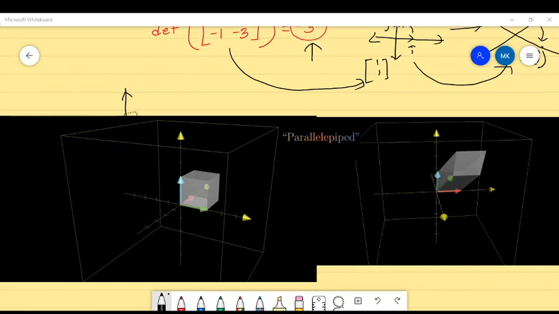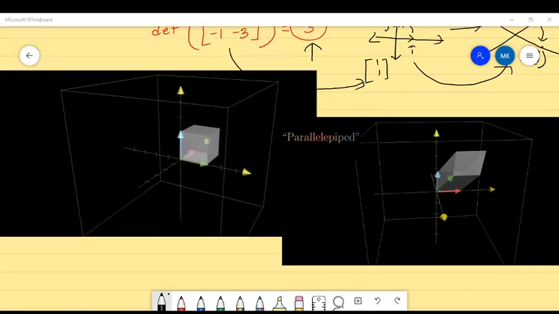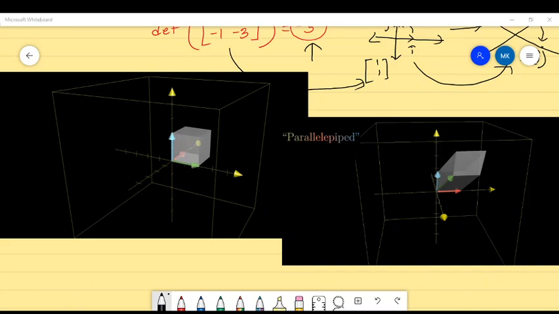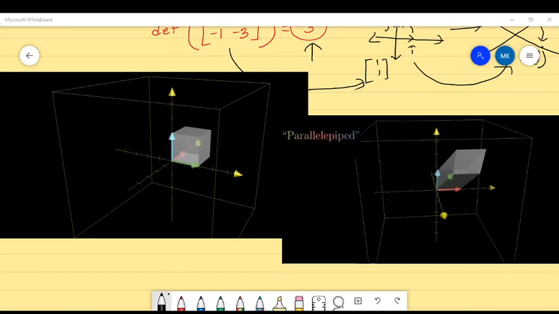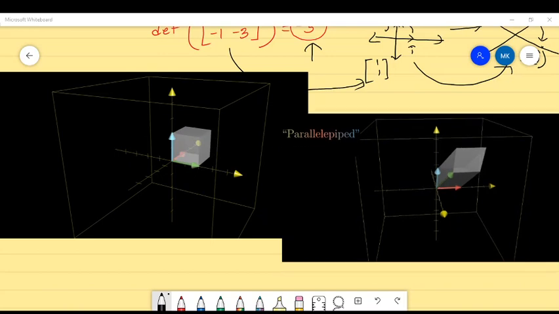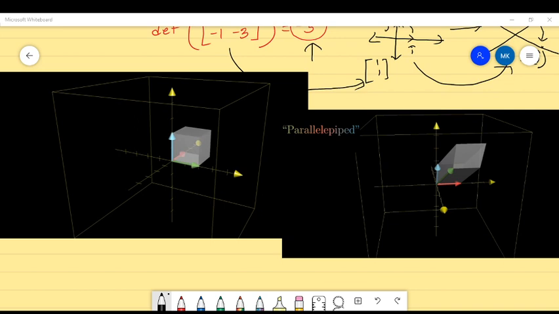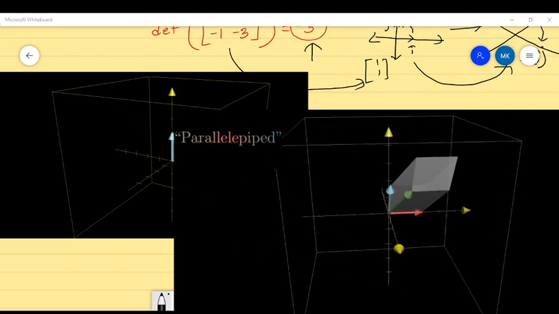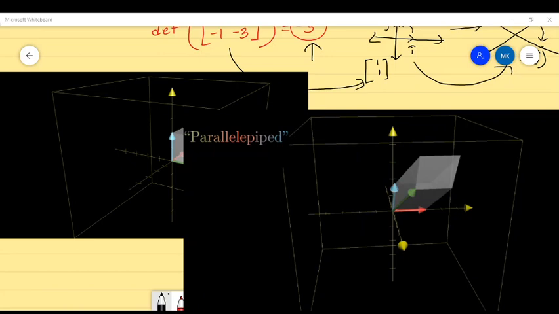So this was your initial condition, and after the linear transformation, means after multiplying with a particular matrix, your vectors become like this. So this particular shape is called a parallelepiped.